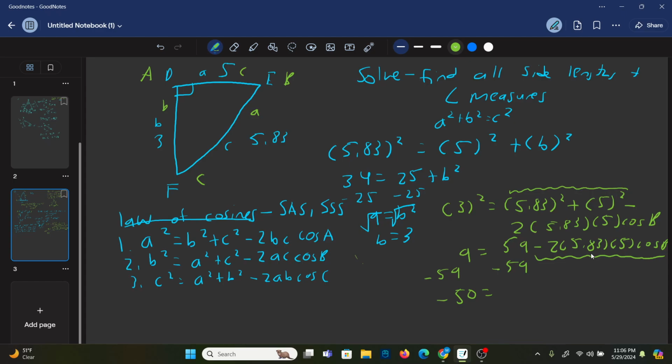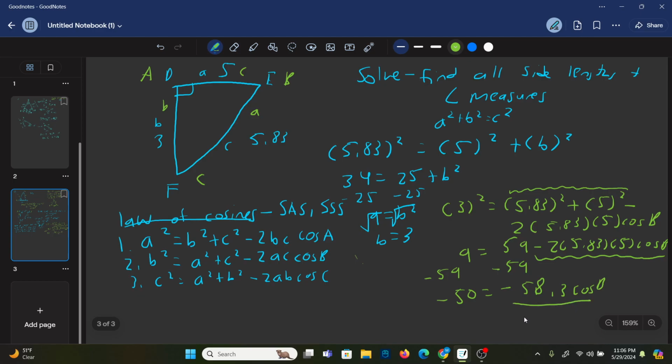Negative 2 times 5.83 times 5 equals negative 58.3 cos b.